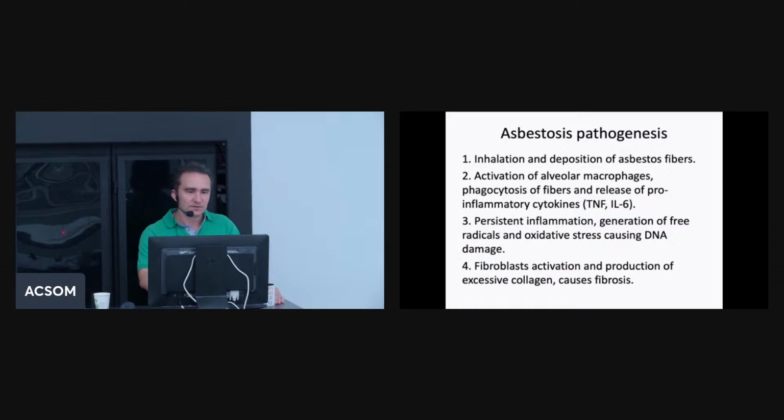So, a few words, just a quick summary of pathogenesis. Again, it's inhalation, deposition of asbestos fibers, activation of alveolar macrophages, phagocytosis of fibers, release of pro-inflammatory cytokines, persistent inflammation, generating free radicals, oxidative stress, causing DNA damage, and then this causes fibroblast activation and production of excessive collagen, causing fibrosis.